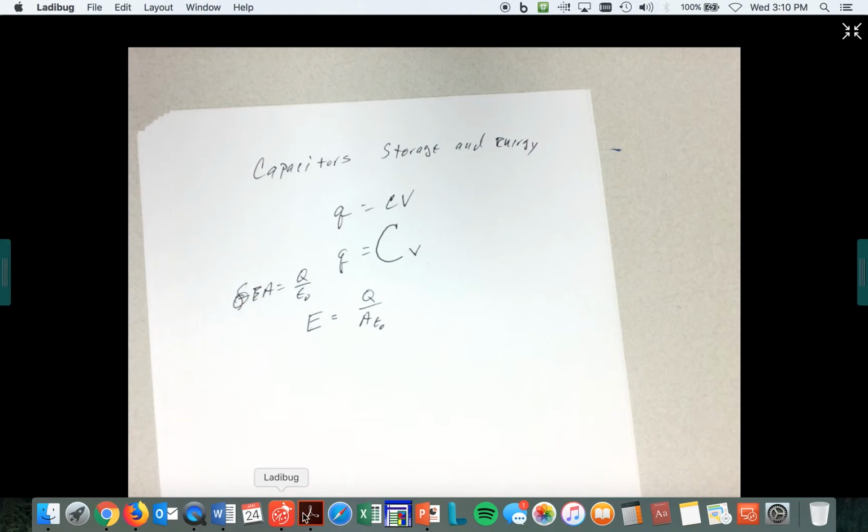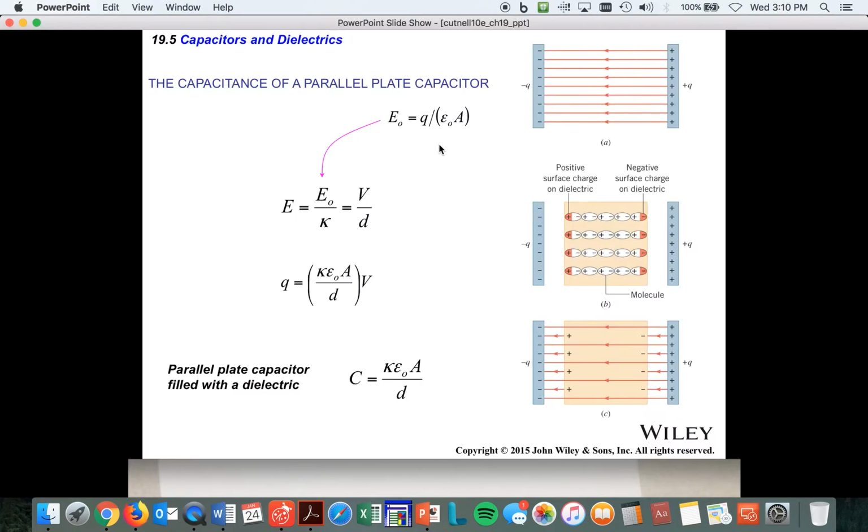Okay, and then what they're doing here is they're taking that, that's what we got, and they're saying, well, then that's E naught. They're saying that the new E is equal to E naught divided by K, which equals the voltage divided by the distance, which is variable in here.